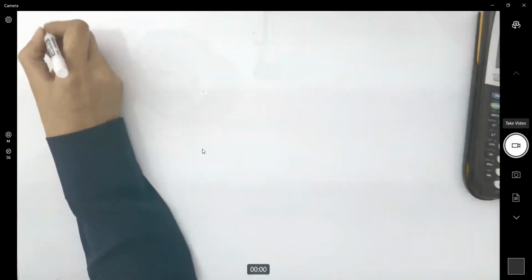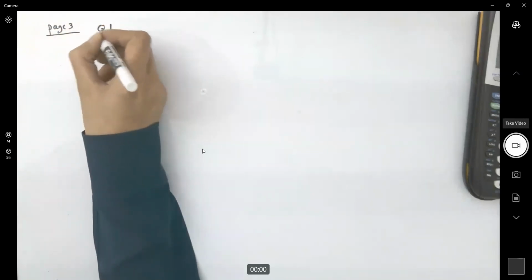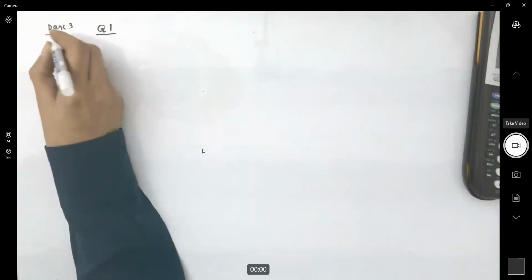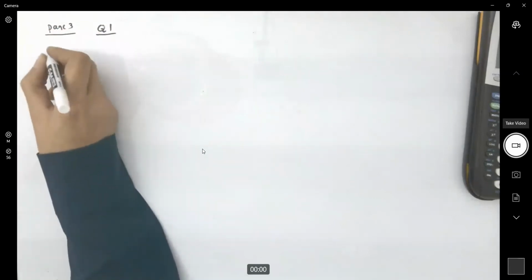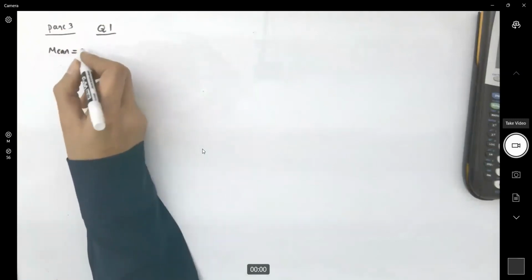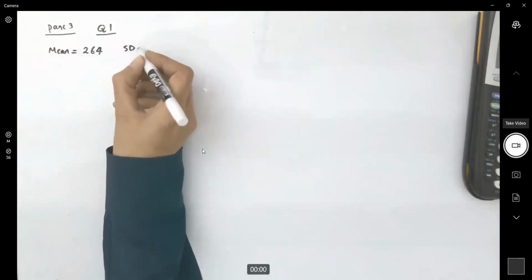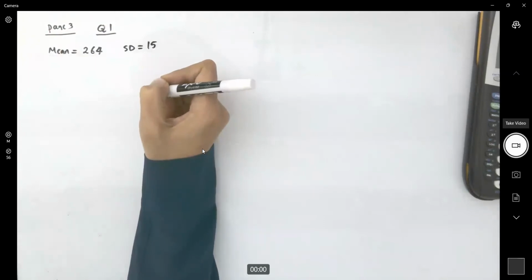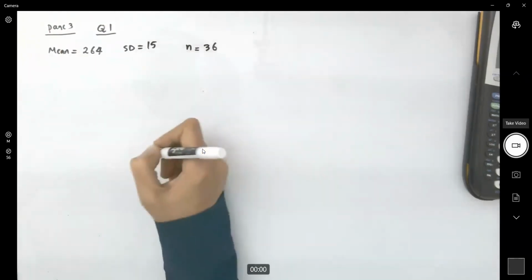So page 3, question 1. First of all, it is normally distributed. We're good so far. The mean is equal to 264 days with the standard deviation, which is 15 days. You randomly select 36 women.